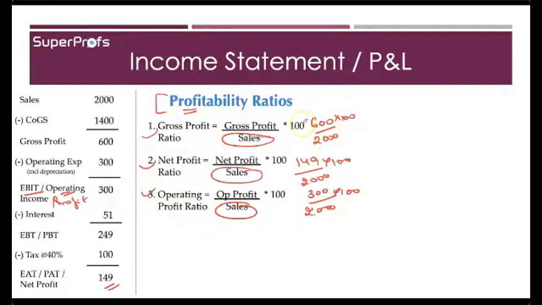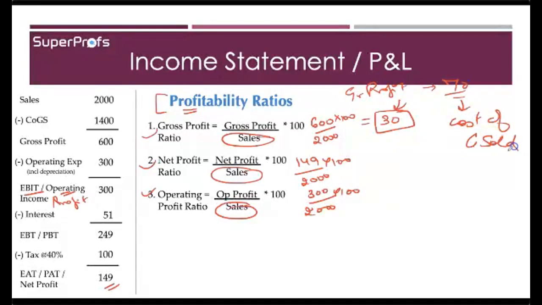When you're talking about gross profit and you get this value, what this means is that for every 100 rupees, 30 rupees are your gross profit, and 70 rupees was the cost of goods sold, right? Because gross profit plus cost of goods sold will be completely sales, right? So that means 70 rupees is your cost of goods sold.